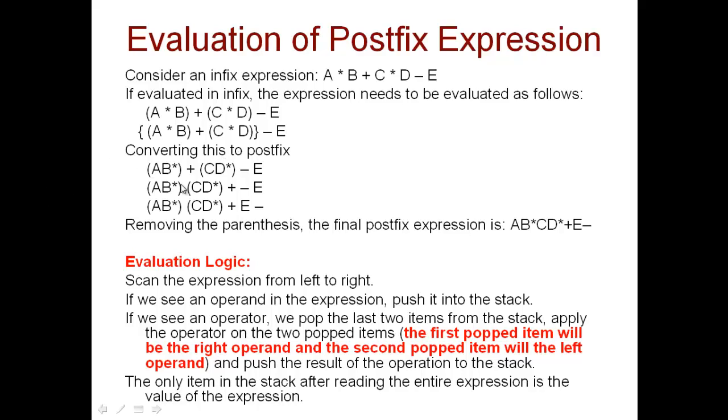So what you're having is AB star plus CD star minus E. Now you can do plus at the end, AB star as one term, CD star as another term, left and right operand, then plus, then this minus E. So we can write AB star CD star plus as left operand, E as right operand, minus. Now you can remove all the parentheses and write this as AB star CD star plus E minus. So this is the postfix expression.